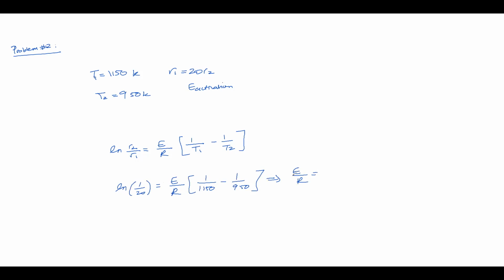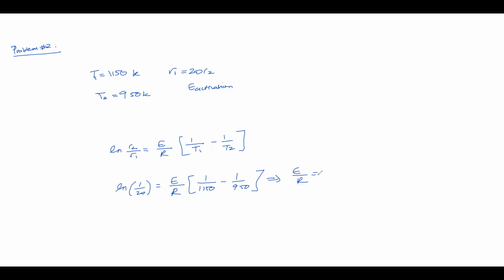Then you will get E over R to be 16364, or actually this only has units of Kelvin, right? So this expression only has units of Kelvin. E over R, let me write this properly.